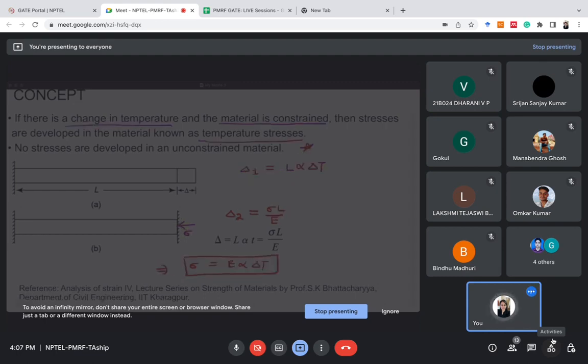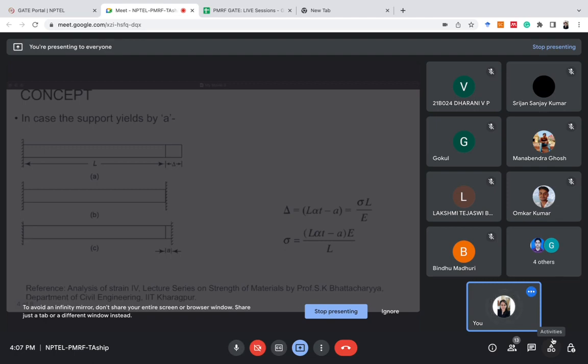Let us see one more case, in which the support yields by A amount. In this case, the stresses will develop such that the deformation due to the stress only has to balance delta 1 minus A, not the entire delta 1. So we equate delta 1 minus A to the deformation due to stress in order to find the value of sigma.